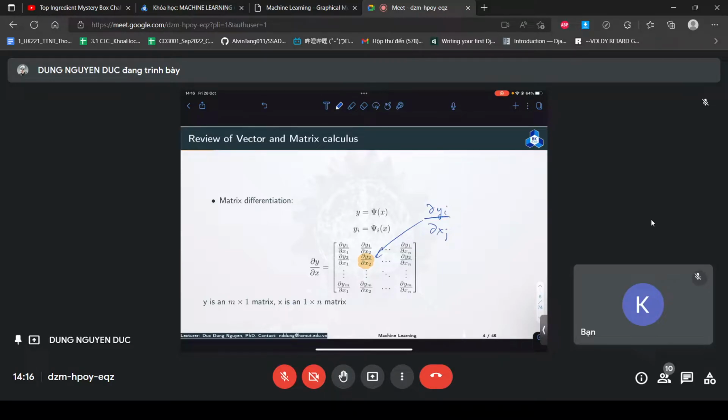And so we have a matrix. It turns out that you can also have the derivative of a matrix over a vector, or a derivative of a matrix over another matrix.